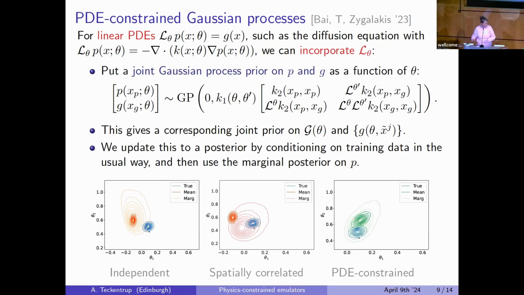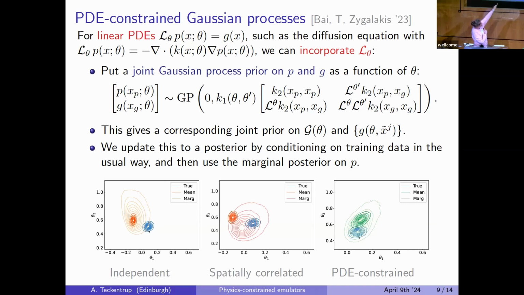Okay. So again, this is going to be quite fast, but I just wanted to show you some of the maths that's involved. So to then incorporate this PDE constraint in the inference, what we do is we put a Gaussian process prior on the PDE solution P, as well as the right-hand side G jointly, right? So the G was just the right-hand side in the PDE, so it's on the first line there.